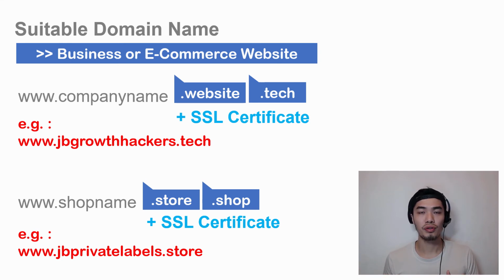It is much more secure for visitors. For example, the shop name JB Private Labels is simply the products which I'm going to sell, private label products. So I'm going to put it as JB private labels .store. When people go to this website that has the extension .store, they are expecting products inside my website.